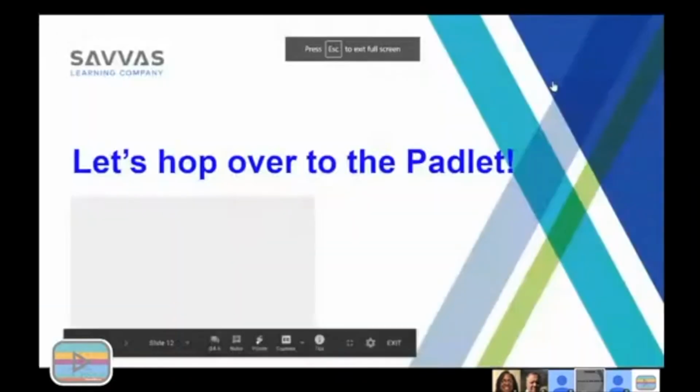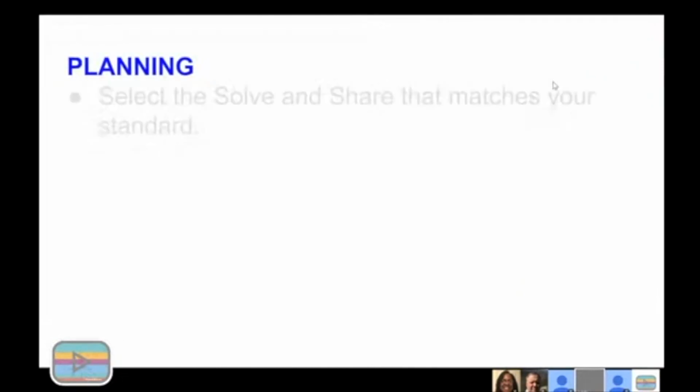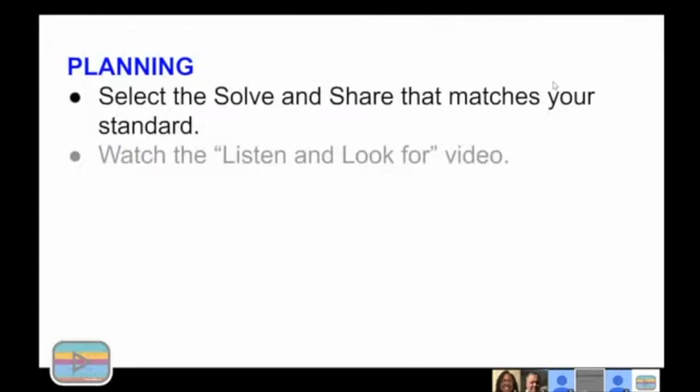and go over a couple more things here. So first of all, if you're planning to do this, what are the steps you need to go through? First of all, you're going to want to select the solve and share that matches your standard. Next, you're going to watch that listen and look for video. It's going to help you know what to expect. However, you know your students, and they always come up with different things you didn't even think about.